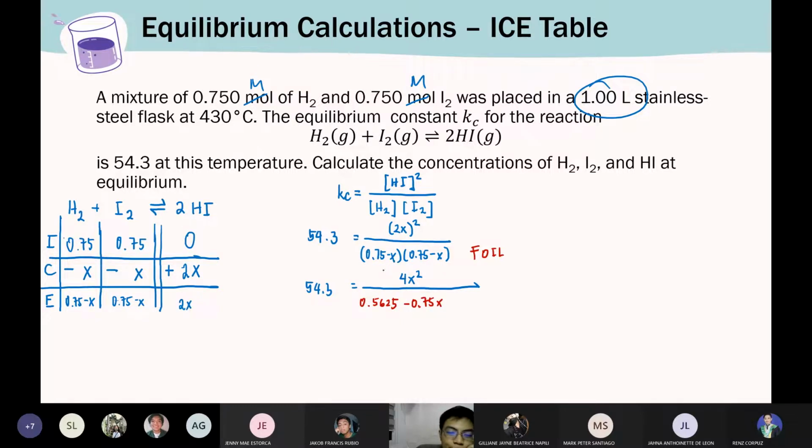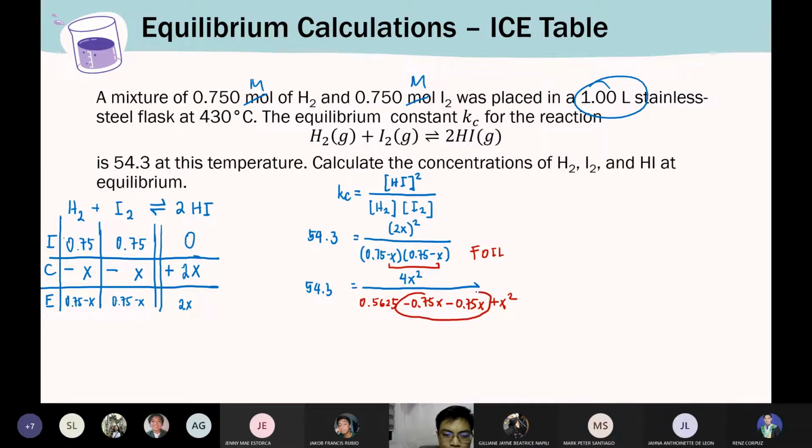And then inner terms. Okay, so for the inner terms, I have negative x times 0.75. So ganun pa rin. Okay. And then lastly, I have negative x times negative x. That will be positive x square. Okay? So ganun. Tapos ano pa? Yung ating x, pwede sila pagsamahin. Okay?